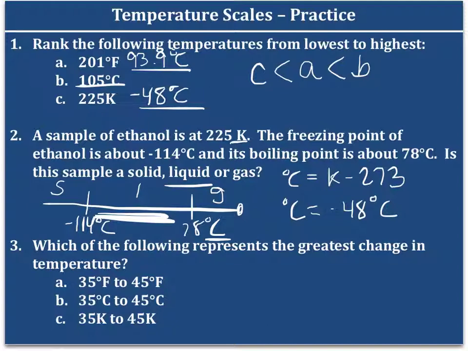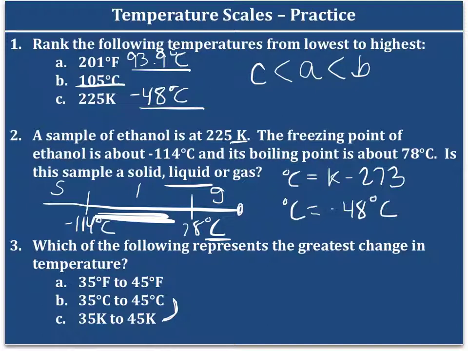All right, final one. Which of the following represents the greatest change in temperature? Now, the issue with this here is they all have a 10-degree change, but we're dealing with 3 different scales. So we know that the Celsius and Kelvin scales, when you're calculating a temperature change, it's the same on both scales.